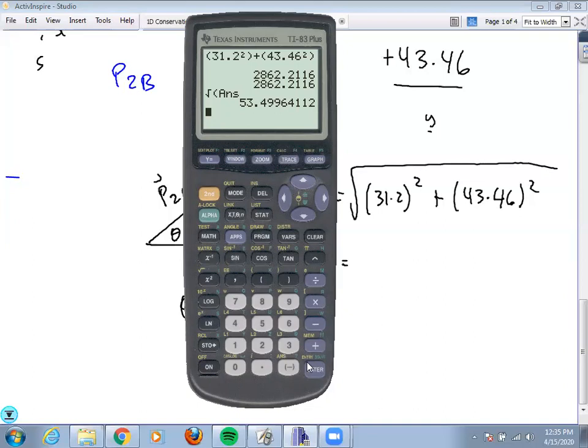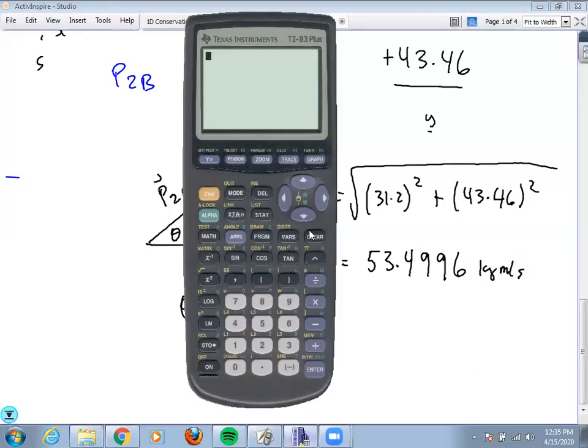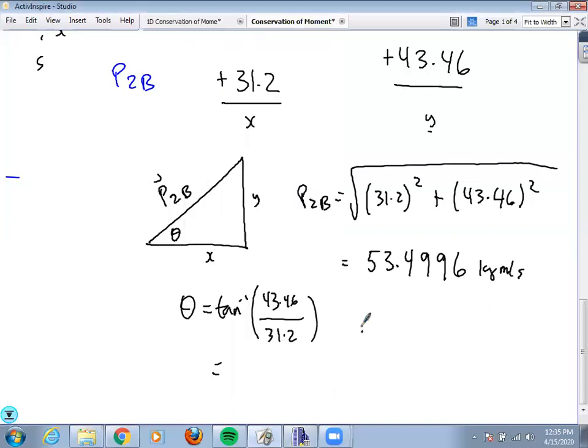That's kilogram meters per second. And the inverse tan of 43.46 divided by 31.2 gives 54 degrees.